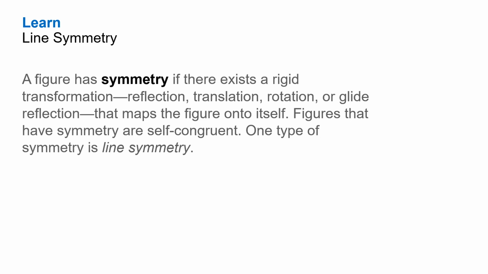A figure has symmetry if there exists a rigid transformation, reflection, translation, rotation, or glide reflection that maps the figure onto itself. Figures that have symmetry are self-congruent. One type of symmetry is line symmetry.